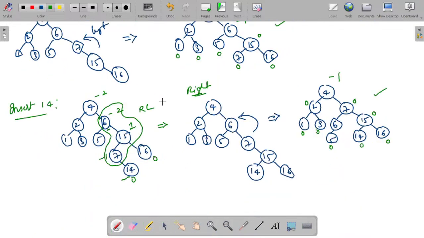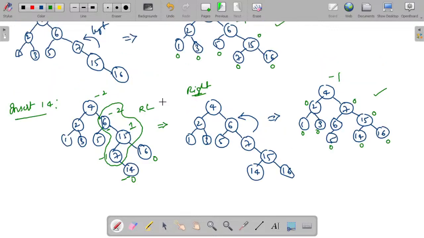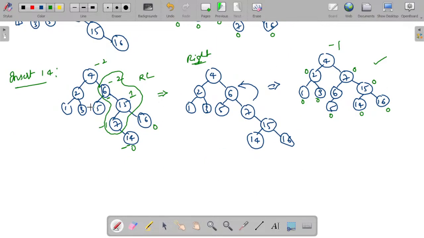I believe you understood why 4 has become root node. Yes, Tendulkar. And now Dinesh is asking a question. If we have another node for 3, okay. So what do you mean is for this?